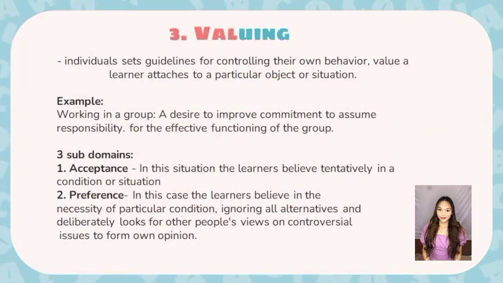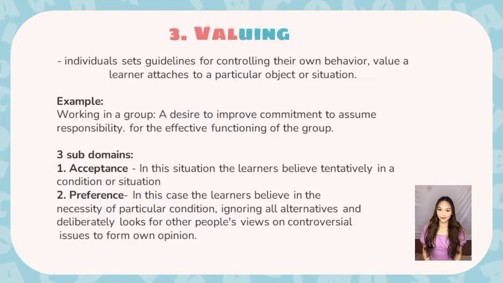Number 3, valuing. The individual sets guidelines for controlling their own behavior. It is the value a learner attaches to a particular object or situation. Example, working in a group: a desire to improve, and commitment to assume responsibility for the effective functioning of the group. There are 3 subdomains of valuing. First is acceptance. In this situation, the learner believes tentatively in a condition or situation. Number 2, preference.